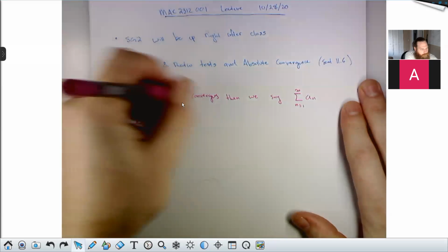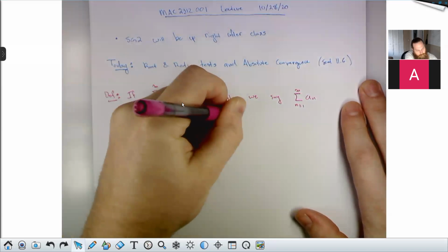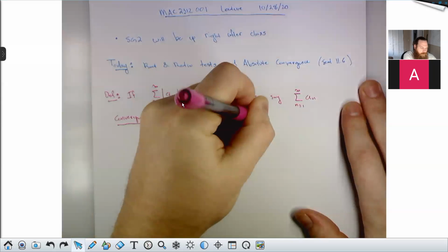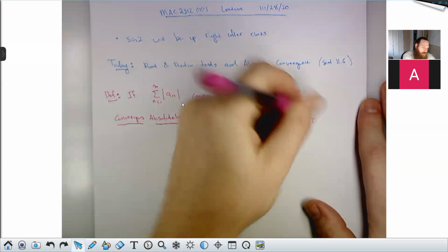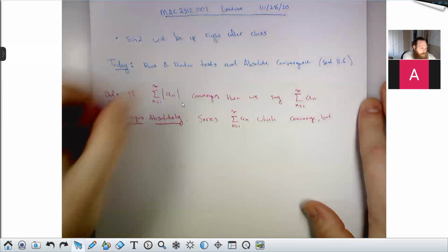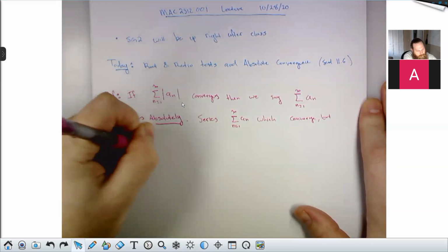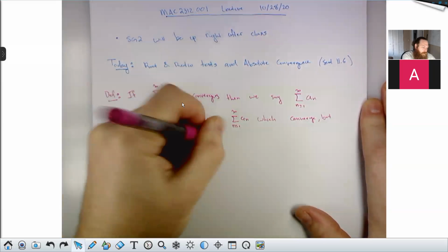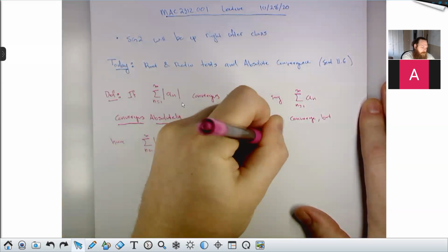We can go on a little further here to say series which converge but have the absolute value version diverging are called conditionally convergent.